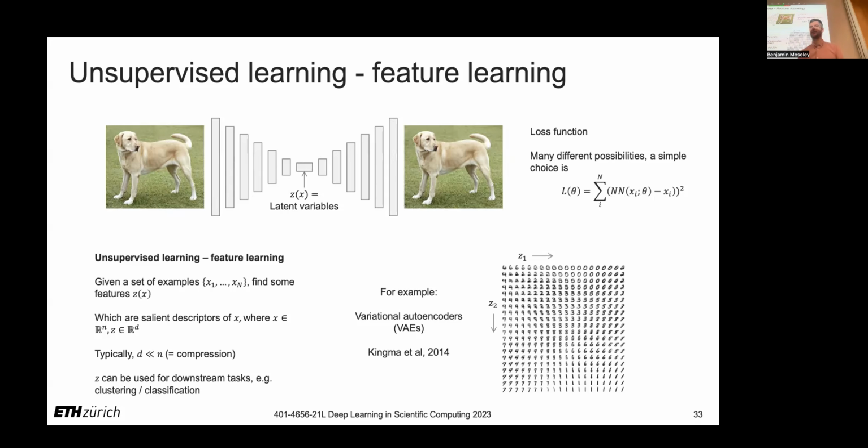An example of this is variational autoencoders. These take this compression idea, but frame it in a probabilistic framework as well. For example, if you train this on images of digits, this is the MNIST data set, a classic data set in machine learning, and you just have 2 values in the latent space here.